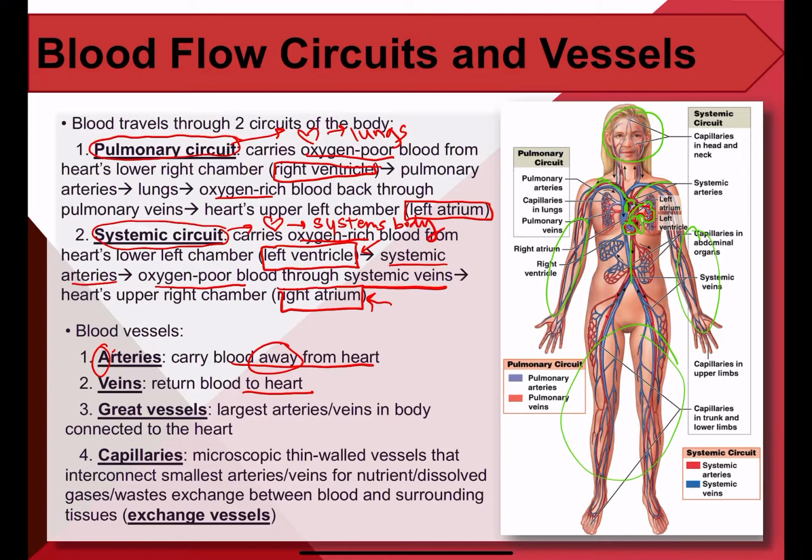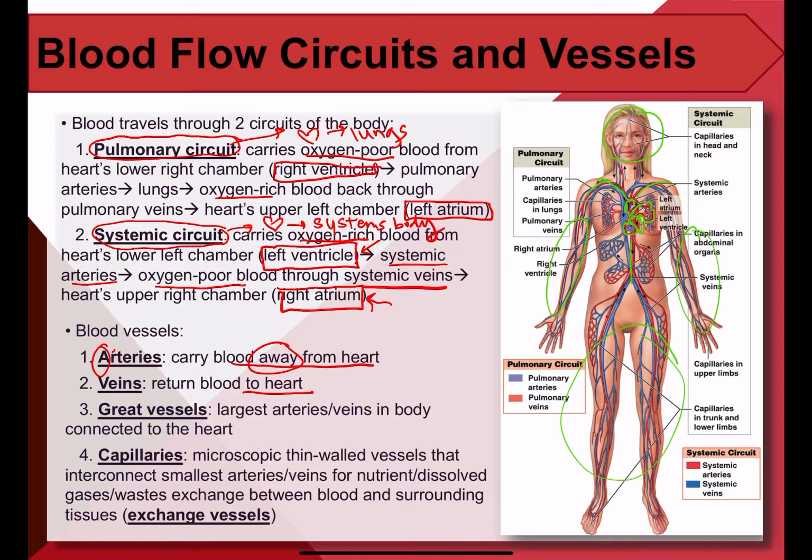Okay, so don't just think that artery always is dealing with oxygenated or deoxygenated blood. There are exceptional cases within the pulmonary circuit, the pulmonary artery and pulmonary vein, and the fetal circulation, where arteries can also carry deoxygenated blood.